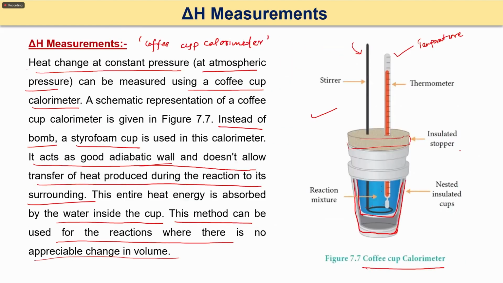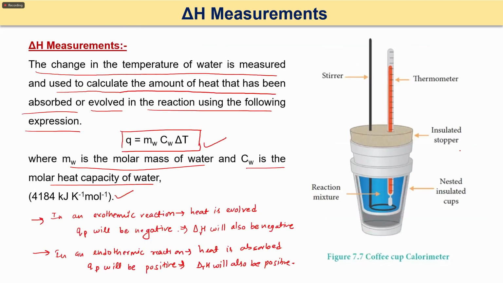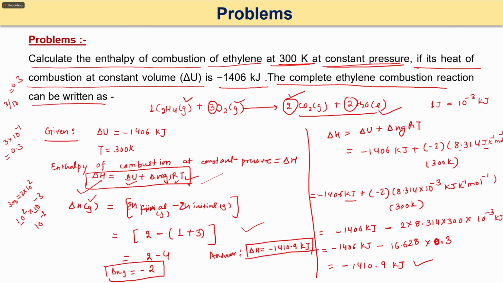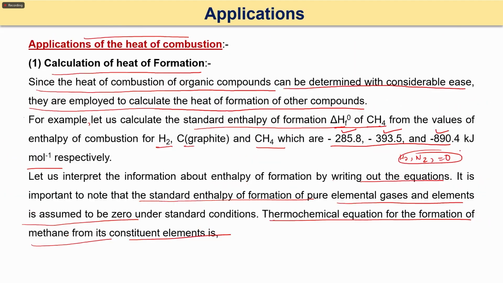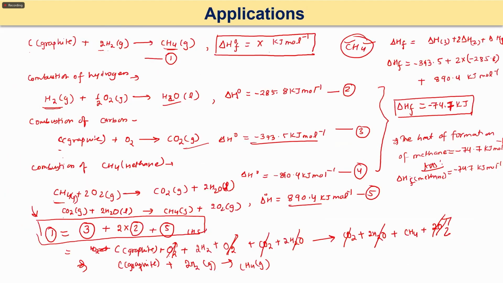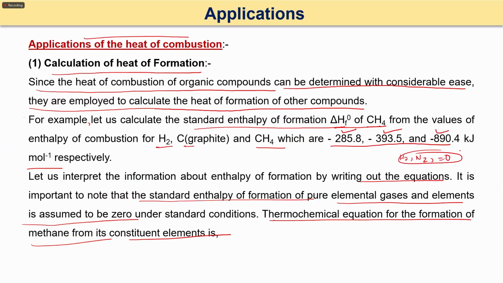Then we studied that the delta H can be measured using a coffee cup calorimeter, and this was the equation which can be used to calculate it. After that, we solved these problems, and then we studied the application of this heat of combustion.